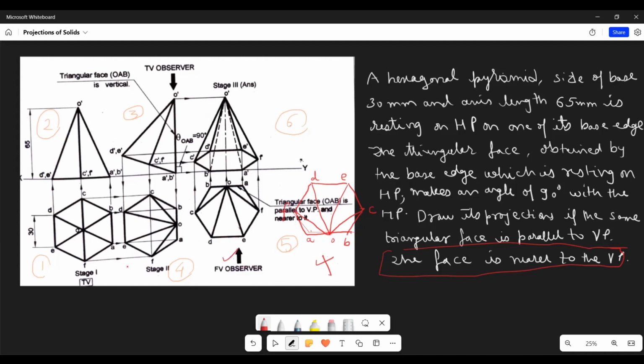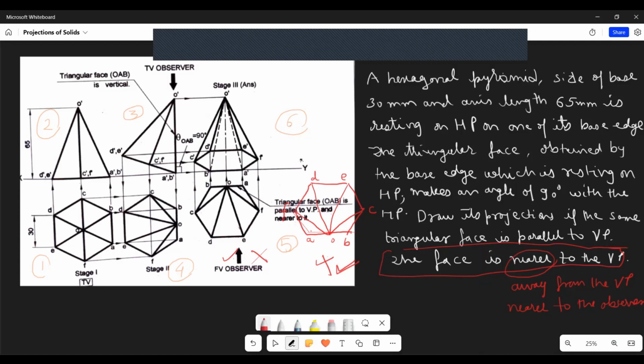Now you must be thinking about when this is the correct solution and this is not. That comes in the case that the question says, instead of nearer to the VP, away from the VP, or nearer to the observer.